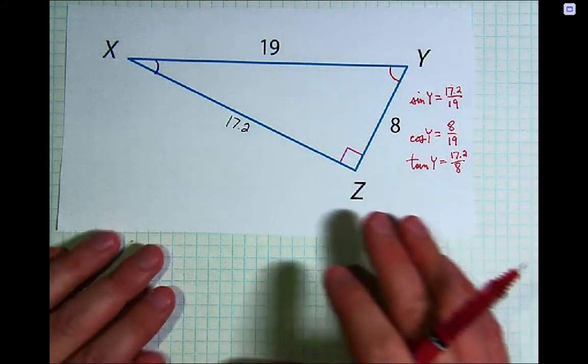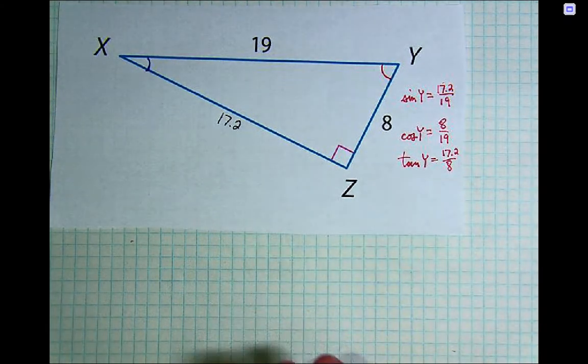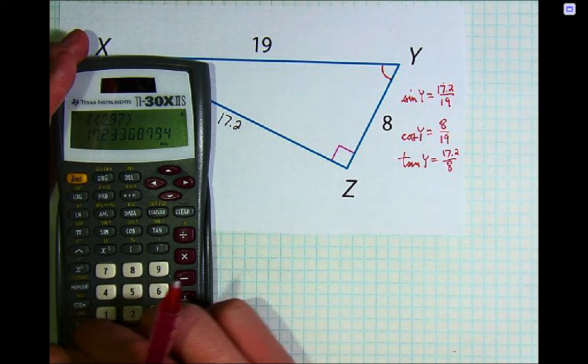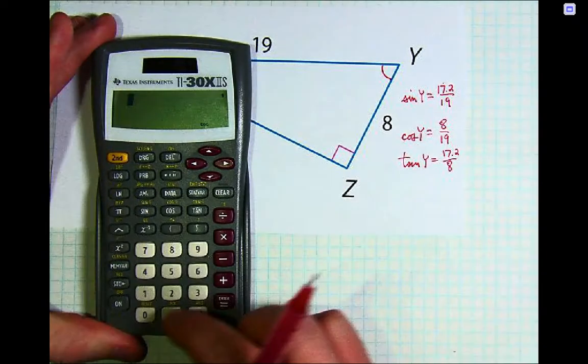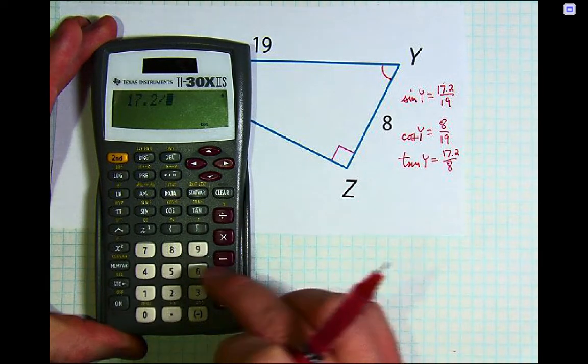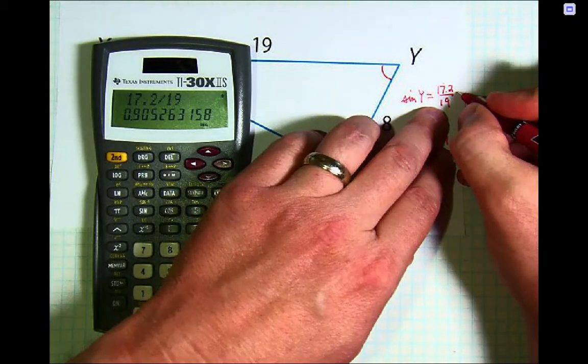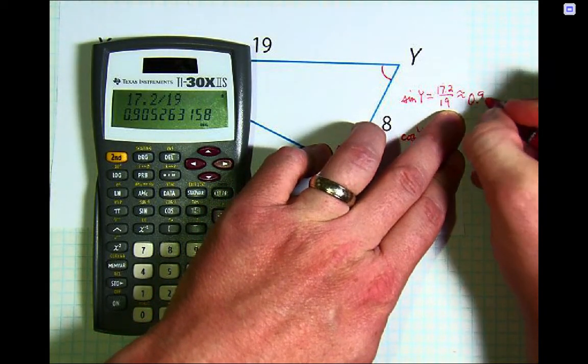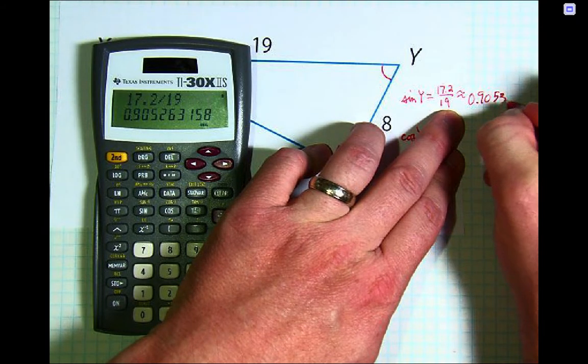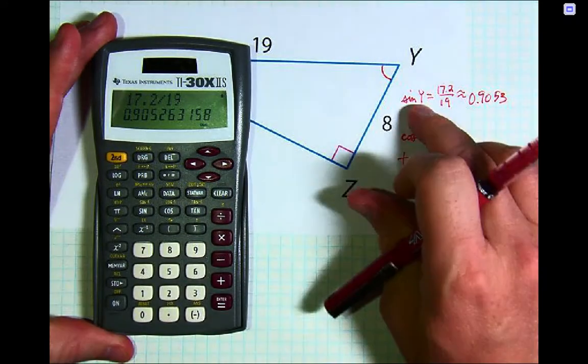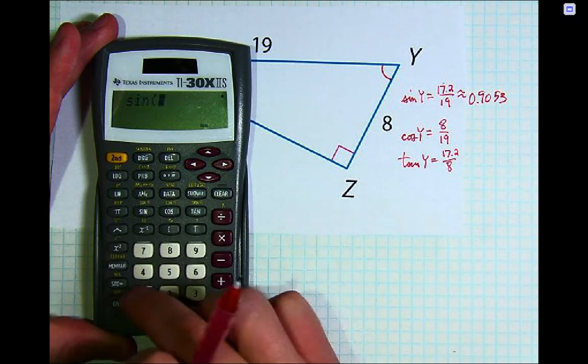Yeah, but how? Should I just sit here on my calculator all day and go, well, okay, 17.2 divided by 19 is about 0.9053, and I'm just going to try different angles. Is the sine of 1?